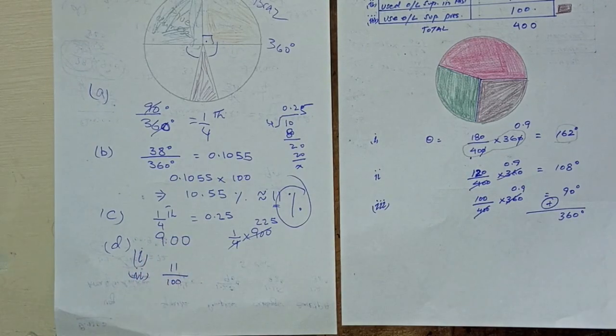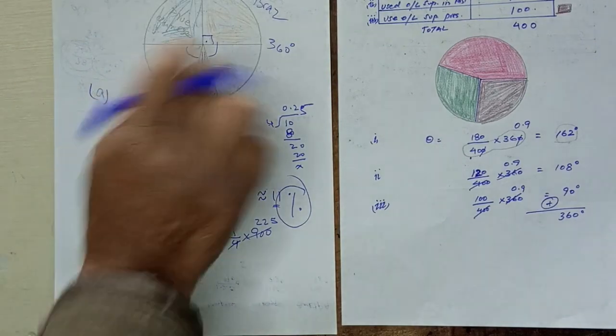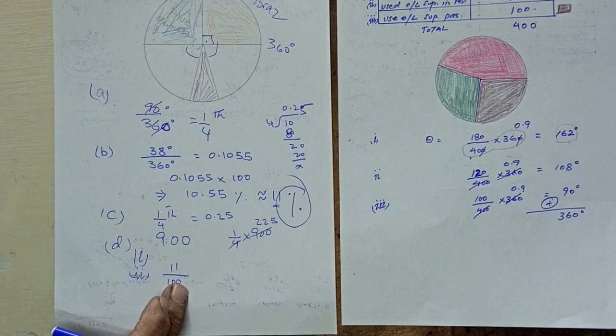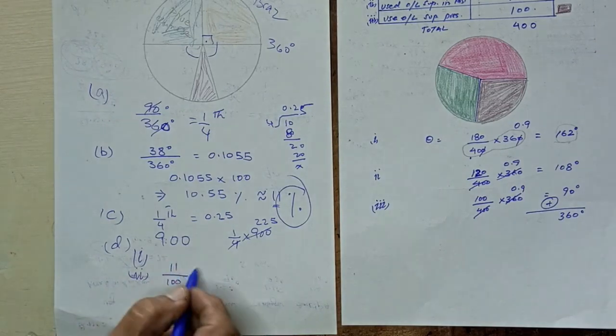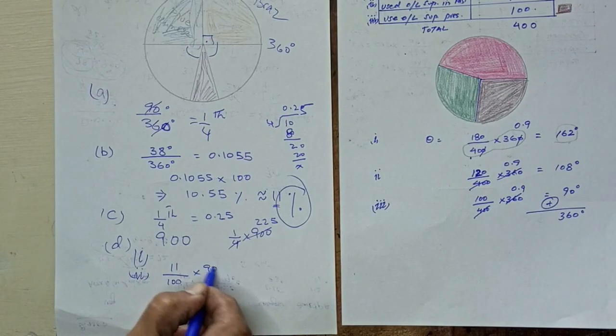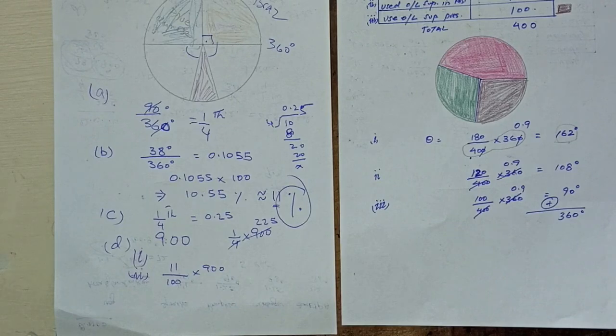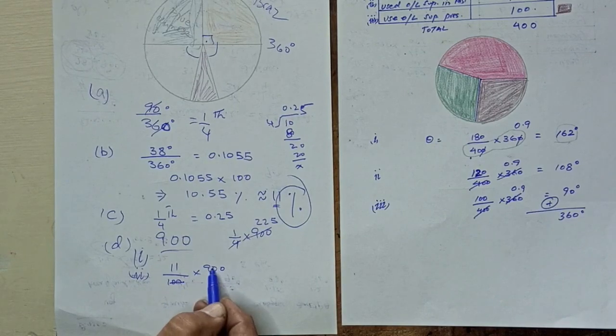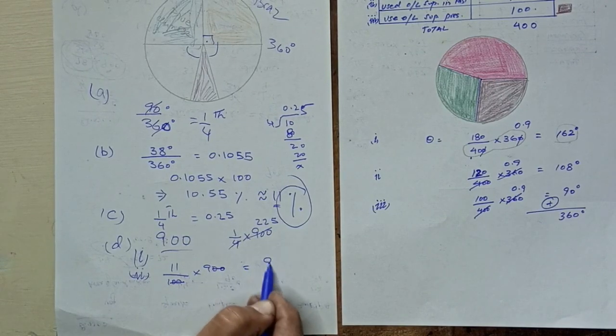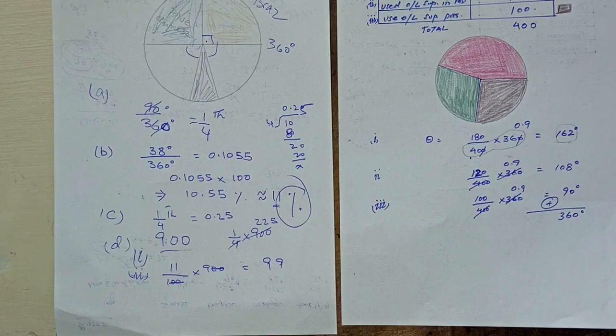So we remove the percentage sign and multiply it with 900, the total population of the students. The total number of Indian students will become 99. In fact, in your book, the population of the Indian students is 100.